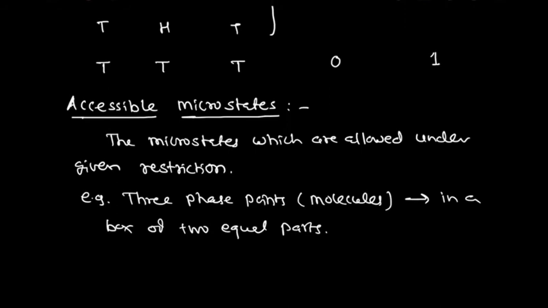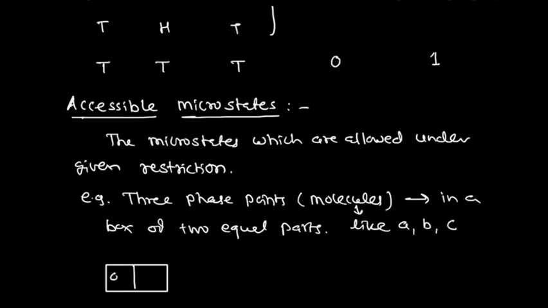Here the restriction is that no phase point can remain outside the box. Now suppose the box is divided into 2 equal parts, 1 and 2, and within the 2 parts the 3 phase points are distributed. Which are the phase points? Like A, B, C. Now these are the 3 phase points.